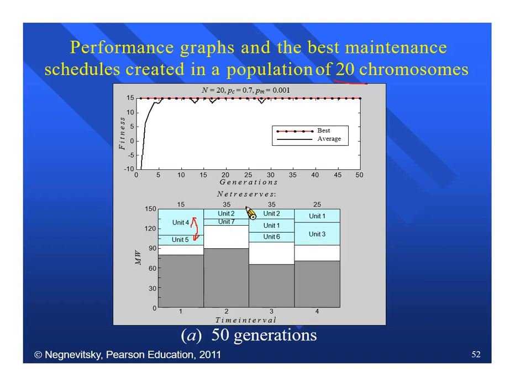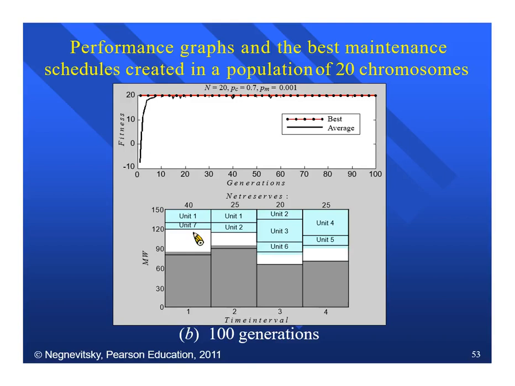And then we also do the summation like this. For that interval, the maximum output power is the limit condition. So another one like this for the 20 chromosomes, the best maintenance schedule created in a population of 20 chromosomes. So we have a different schedule.